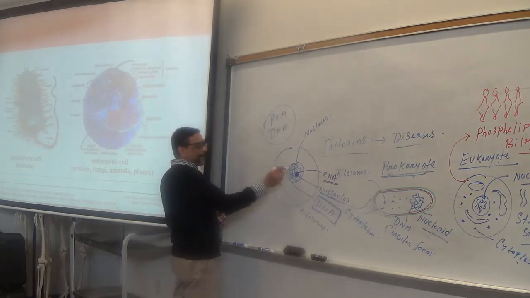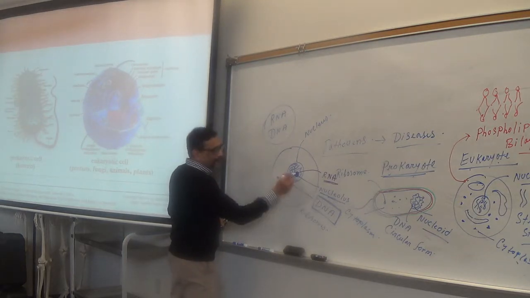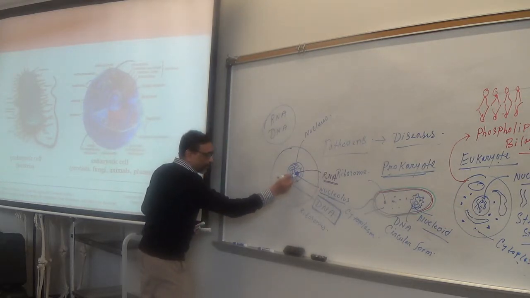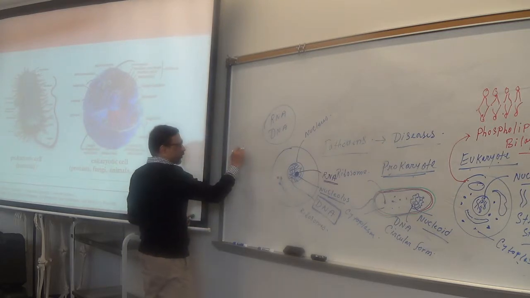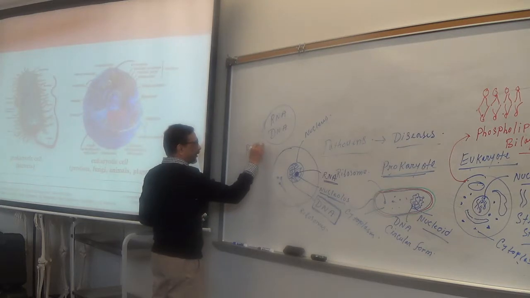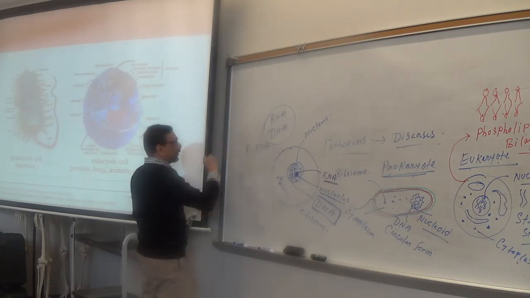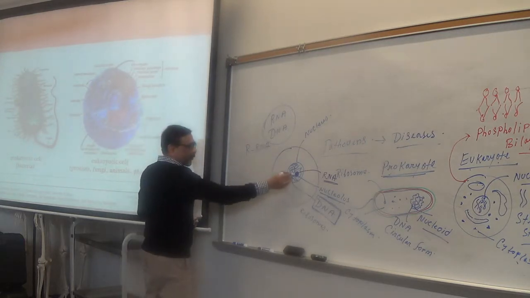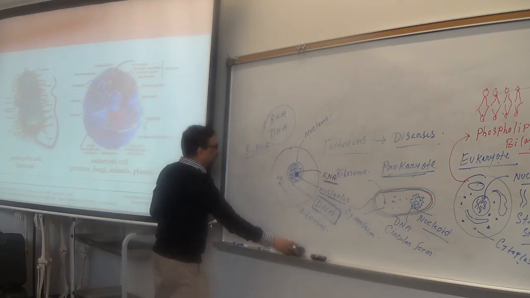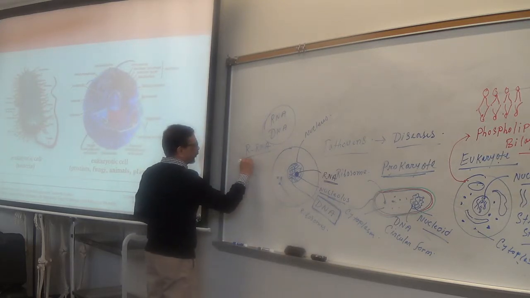Now, I told you that the nucleolus has RNA, and that type of RNA is called ribosomal RNA. Ribosomal RNA produces ribosomes. Let me write it down here. Produce.